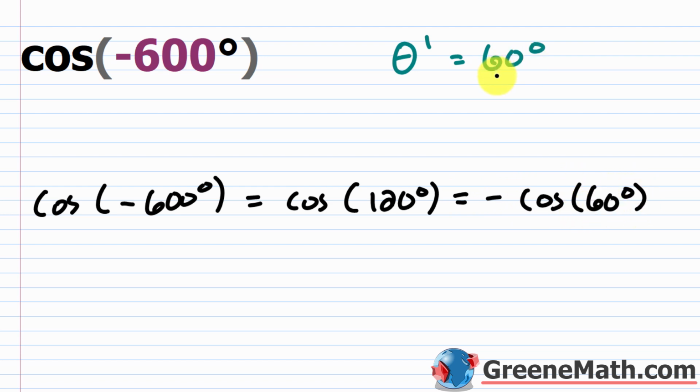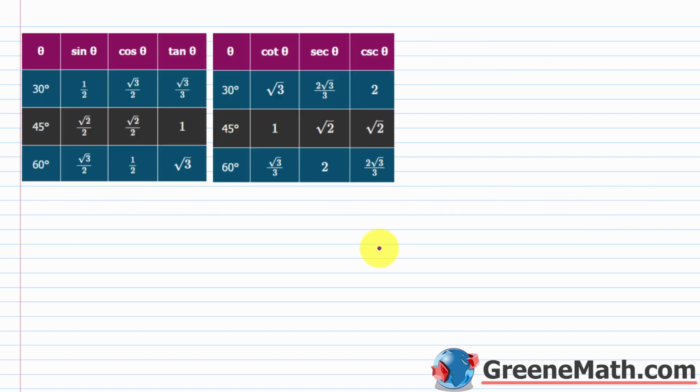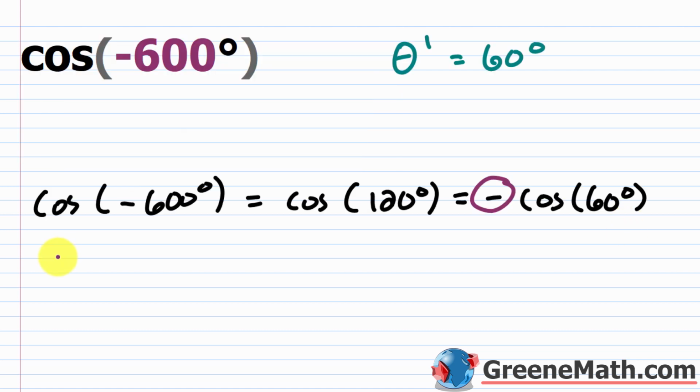Remember, when you talk about things in quadrant 1, so the 30 degrees, the 45 degrees, or the 60 degrees, everything is positive, right? All students take calculus. In quadrant 1, they're all positive. So that's why you have to apply this negative here to this result. So the cosine of 60 degrees, if you go back to your table, is going to be 1/2. So what we'll do is say this is equal to the negative of, again, the cosine of 60 degrees is a half. So your answer here for the cosine of negative 600 degrees is going to be negative 1/2.